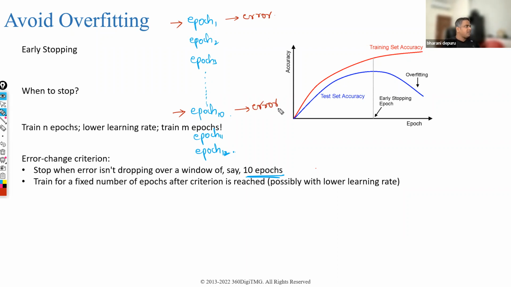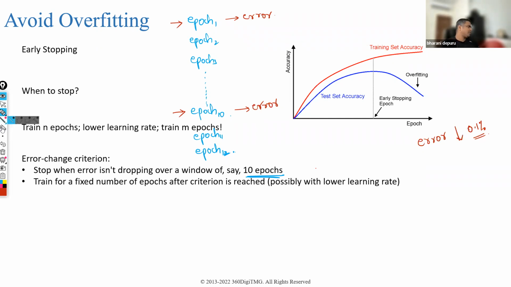If the error is not changing beyond a point, you might say that if another epoch has to run, then I want the error rate to reduce by, say, at least 0.1%. Epoch after epoch, if your error rate reduces by 1%, you want to proceed further.